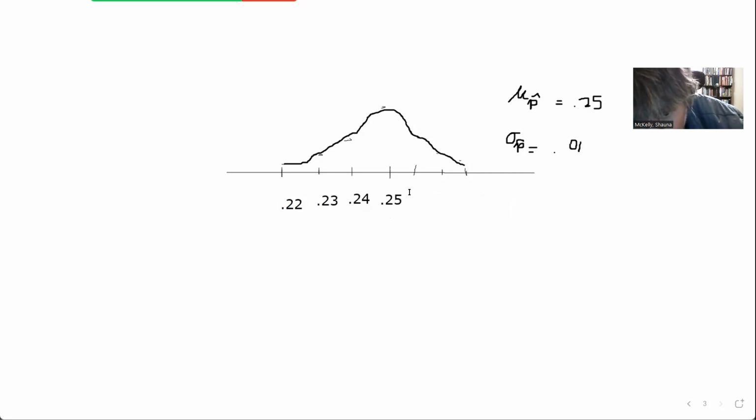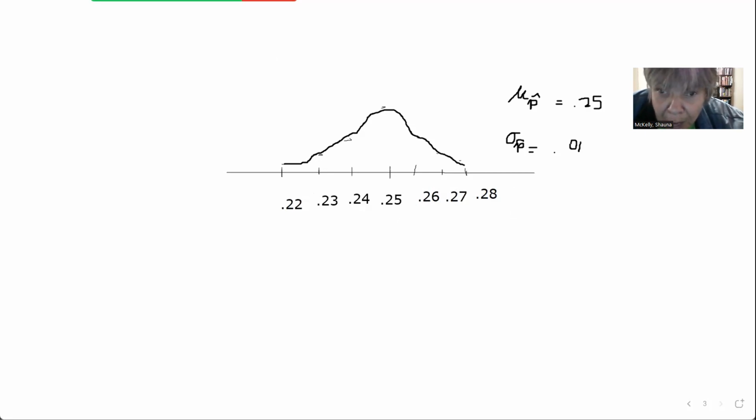Here you're going to go up by 0.01, so you have 0.26, 0.27, 0.27, and 0.28. Like so. That's our distribution.